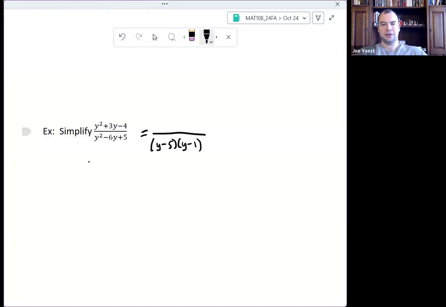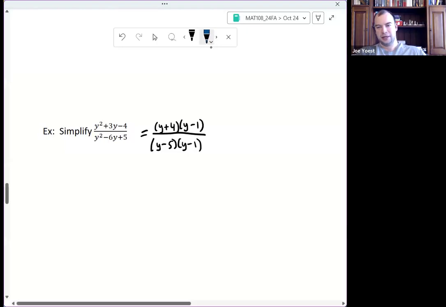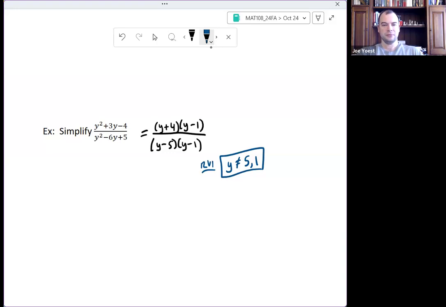Looks good. And for my numerator, I need what? I need two numbers that multiply to make -4. So they need to be opposite signs, and add to be +3. So I think that's +4 minus 1. Now that I've got everything factored, I can do two things really quickly. I can find my restricted values: y not equal to 5 or 1.